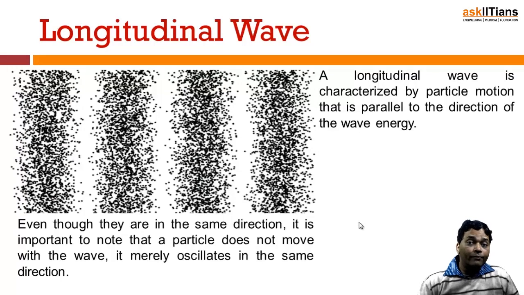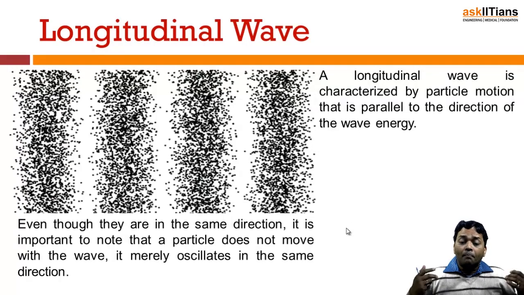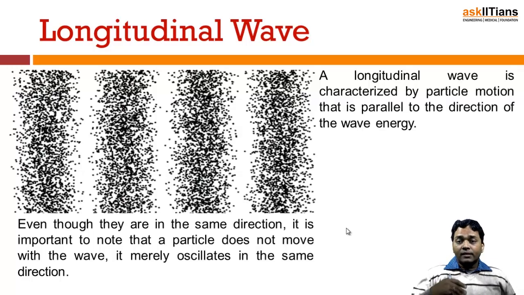Even though they are moving along the same direction, it is important to note that the particle does not move with the wave. The particle is still at the same point. It's just oscillating, please understand. And while oscillating, it is transferring the energy from one point to the other, right? So that is what is meant by a longitudinal wave.